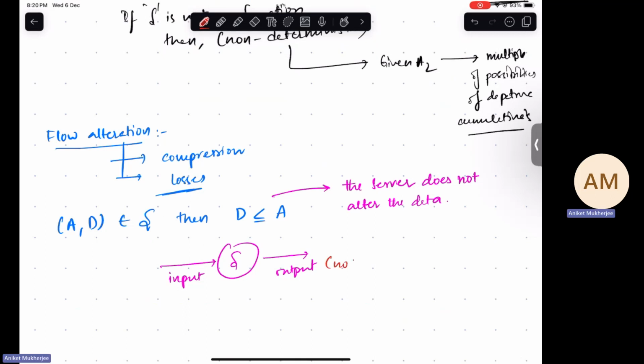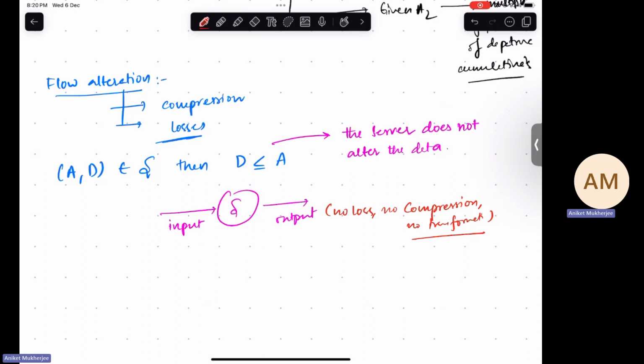There is no loss, no compression, no transformation, etc. Any compression or expansion can be modeled using a scaling function, which we are not yet talking about.